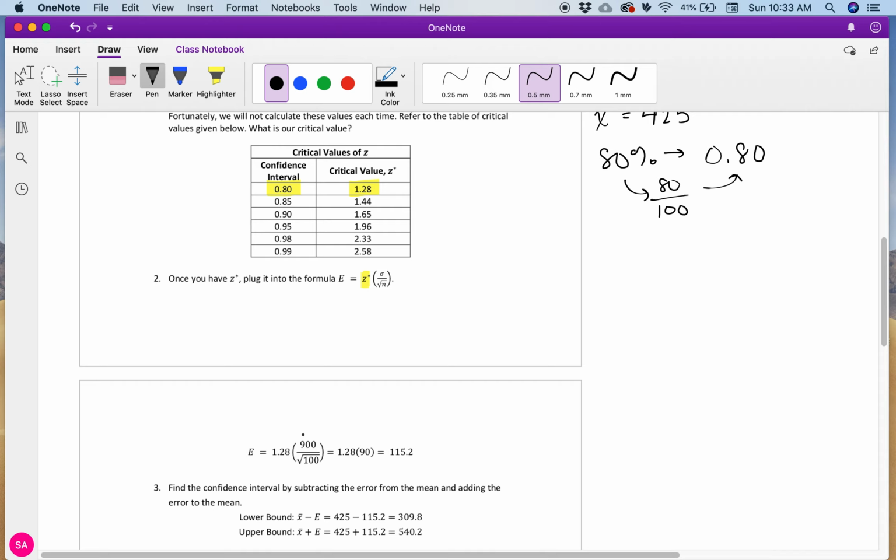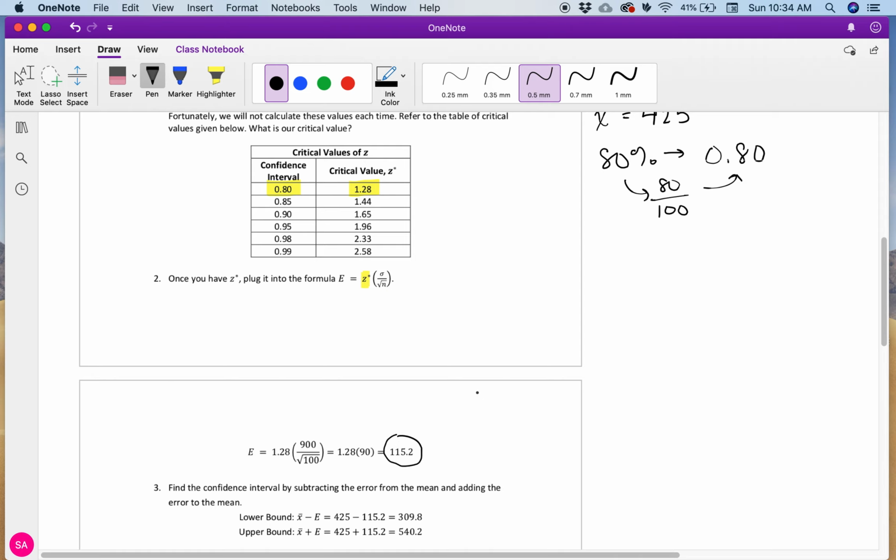So all your critical values are going to be positive. Okay, so plugging in our information, our critical value is 1.28. Our standard deviation was 900, and then the bottom here is the square root of the sample size, so we have the square root of 100. Simplifying, we end up with an error of 115.2.